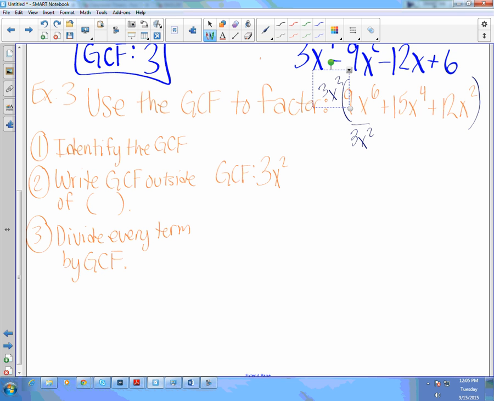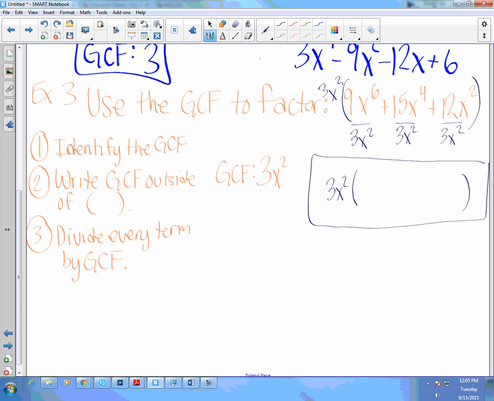Anything divided by itself is 1. We use this fancy form of 1 a lot in math. We have to do it on every term and simplify. So our answer has 3x squared on the outside, and we will simplify this division, and that will be our answer.